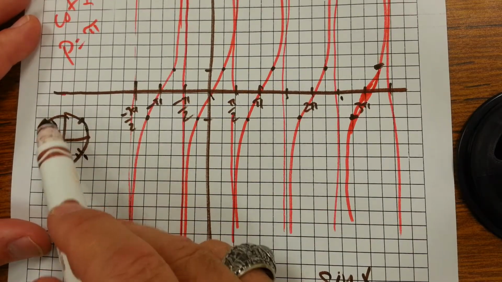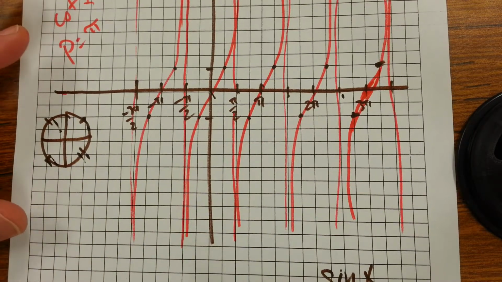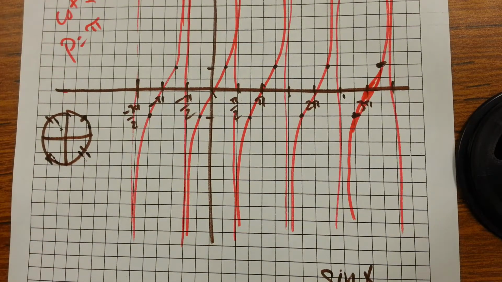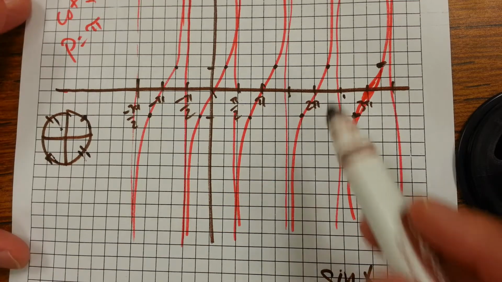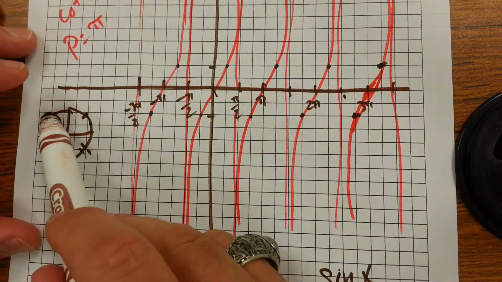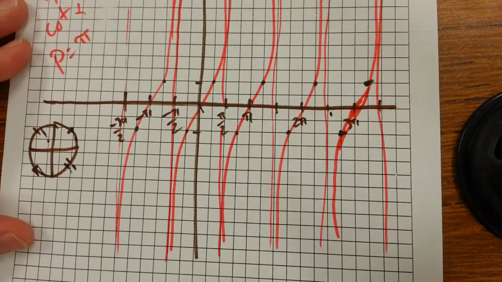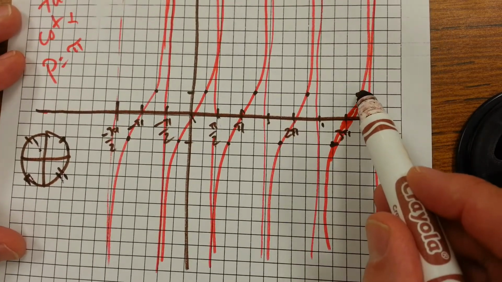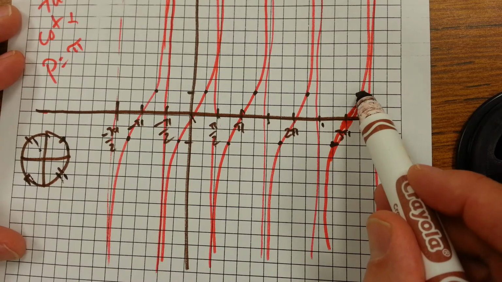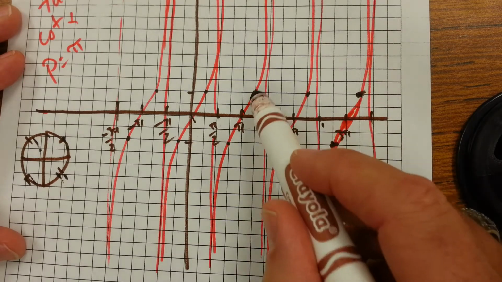Positive 1, negative 1, positive 1, negative 1. Okay? In quadrants where they have the same sign, your tangent is 1. And in quadrants 2 and 4, where you have different signs for sine and cosine, it's negative 1. So notice in intervals of pi over 4, it's 1, negative 1, 1, negative 1, and so on.